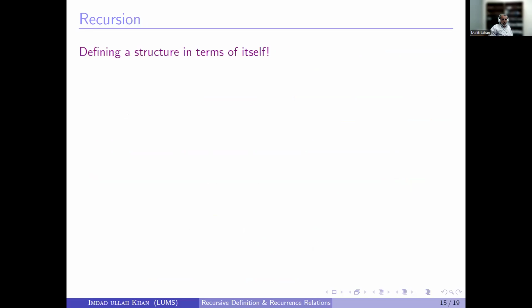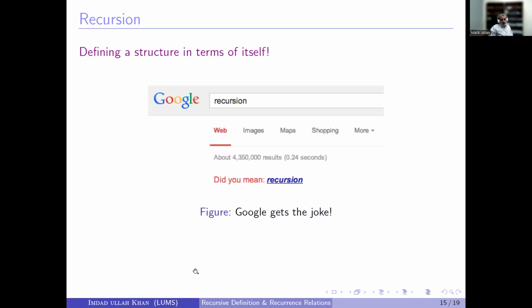The recursion is essentially defining a structure. That structure could be a set, a function, an algorithm, or a sequence in terms of itself. All of these structures are discrete structures.